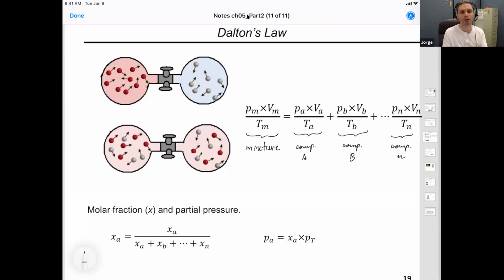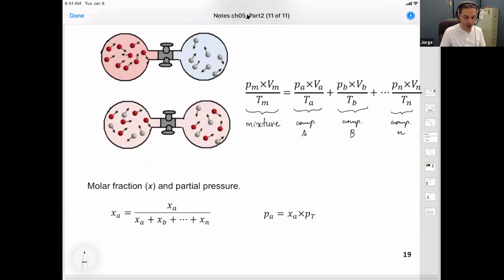So that's what you're going to use when two gases are mixing. And when we have a mixture, we can have something called molar fraction. Molar fraction is the number of moles of a component divided by the total number of moles. Okay, so molar fraction of A is going to be equal to the number of moles of A divided by the total number of moles.